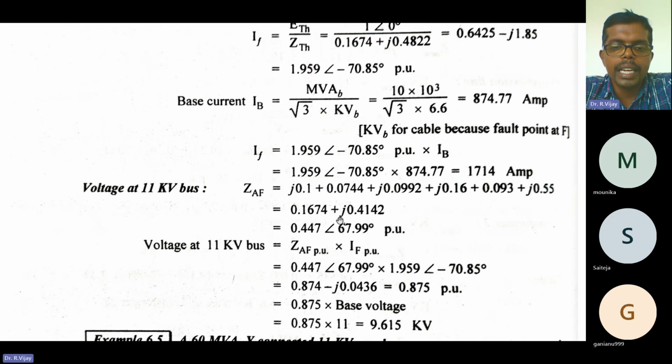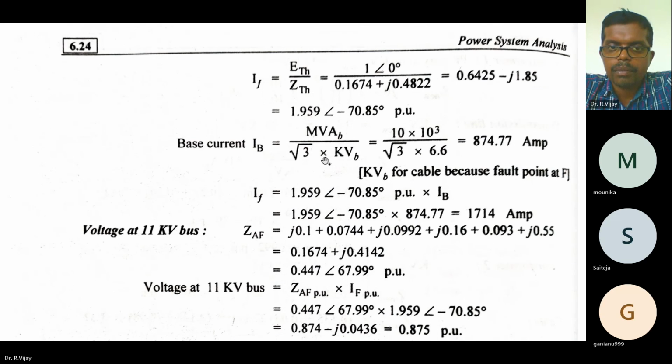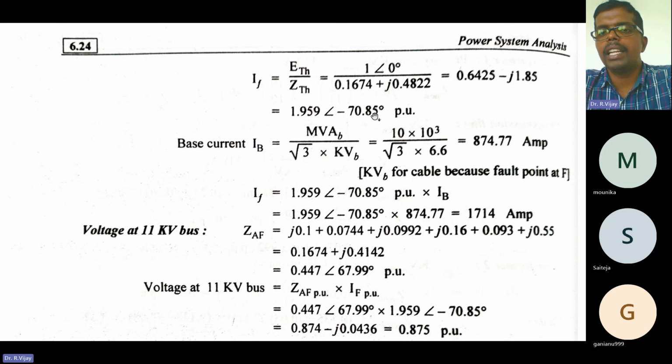So ZAF per unit is the value 0.447 at the angle of 67.99, into IF per unit. The fault current per unit we already calculated, that is 1.959 at the angle of minus 70.85.